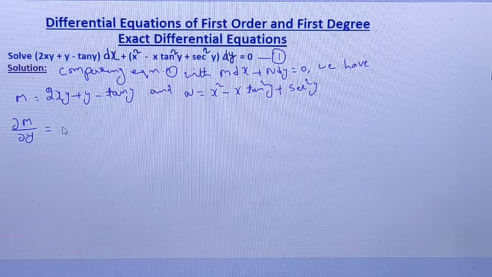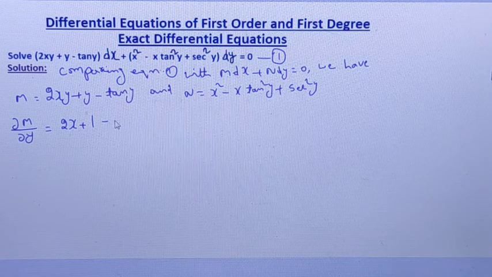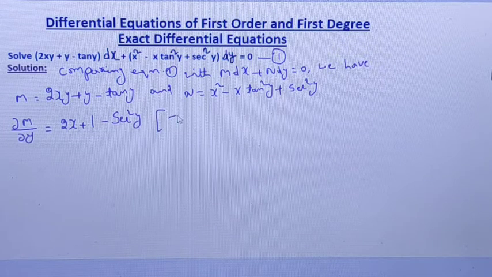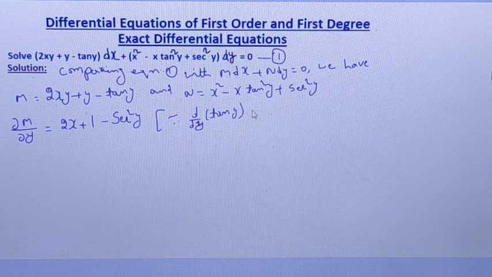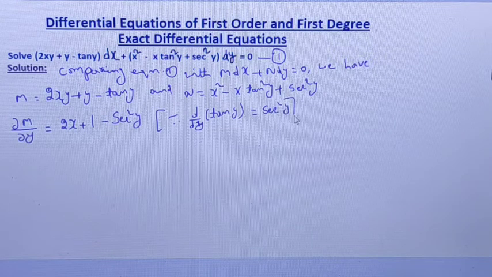So the derivative of 2xy with respect to y is 2x, plus the derivative of y with respect to y is 1, minus the derivative of tan y, which is sec^2 y. The formula we have used is d by dy of tan y, because it is y, not x, is equal to sec^2 y.